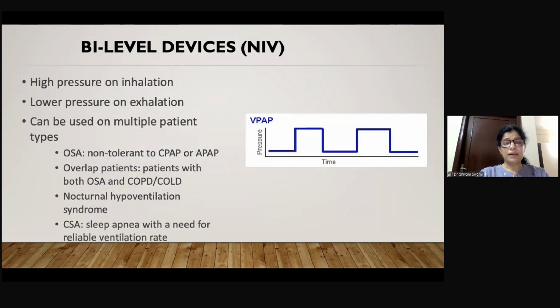Then going on to the bi-level devices or the NIVs. It has a higher pressure on inhalation and lower pressure on exhalation, with the minimum difference being at least 4 centimeters of water. There are various patients for which a bi-level is advised.